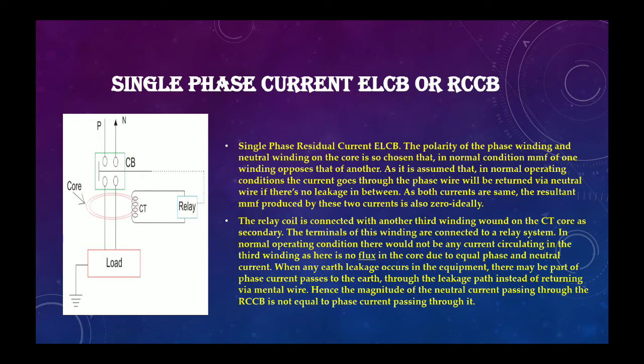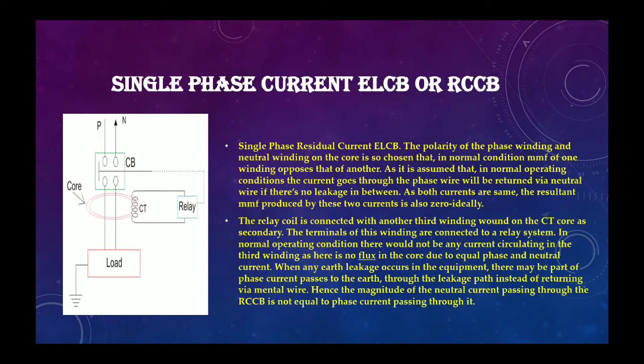And the relay coil is connected with another, third winding wound on the CT core as secondary. The terminals of this winding are connected to a relay system. In normal operating condition, there would not be any current circulating in the third winding as there is no flux in the core due to equal phase and neutral current.